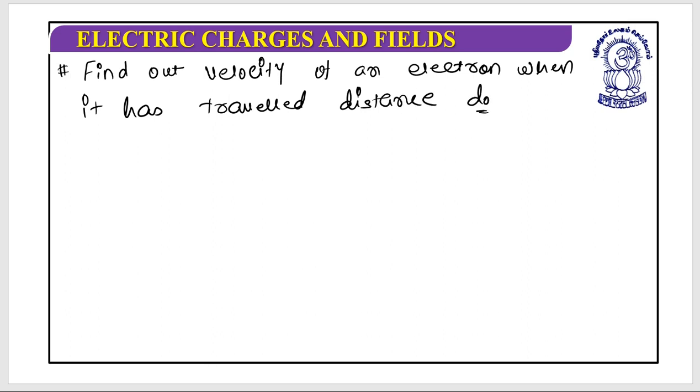It is the same question, I'm just adding to it. Find out the velocity of an electron when it has traveled distance d. Now what they have given is that u is 0, the electric field is given, symbolically it is E only, and the distance is d, and what I need to find out is the velocity. So what can I do? Yes, I can write like this.